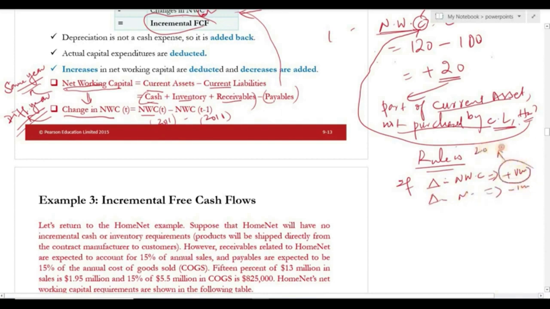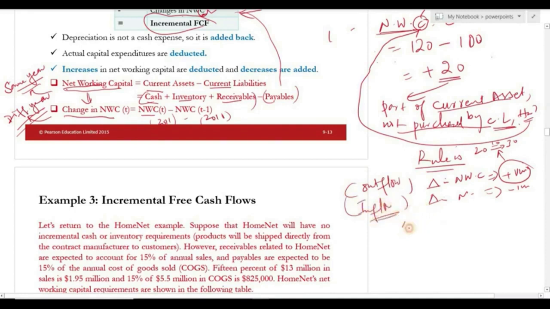Current assets increased from 20 to 30, right? So extra 10. So it means the company has purchased more current assets out of its long-term funds. So it will be an outflow, right? If there is an increase in working capital, it will be an outflow. If there is a decrease in working capital, it will be an inflow.